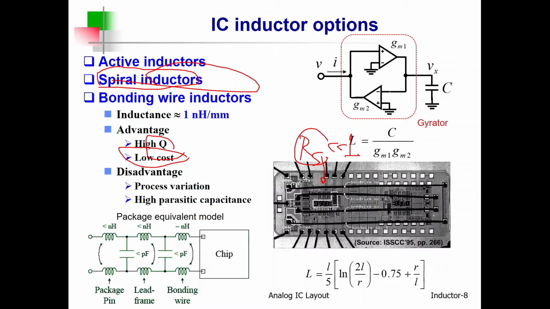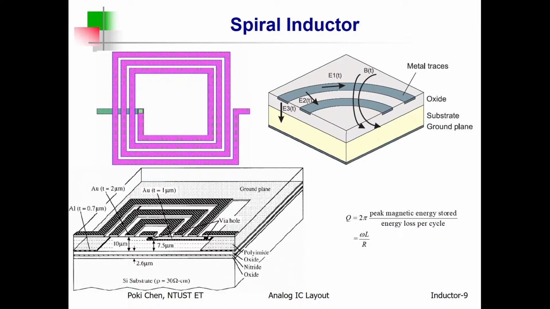So it has very high Q and the cost is rather low, but the disadvantages are process variation and high parasitic capacitance, because it is simply above the chip. So you need to face parasitic capacitance between the bonding wire and the circuit or substrate below it.